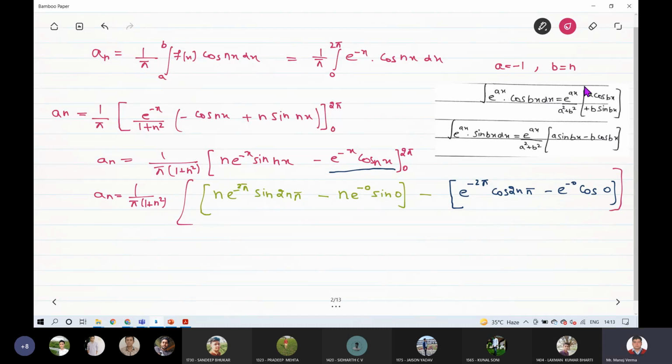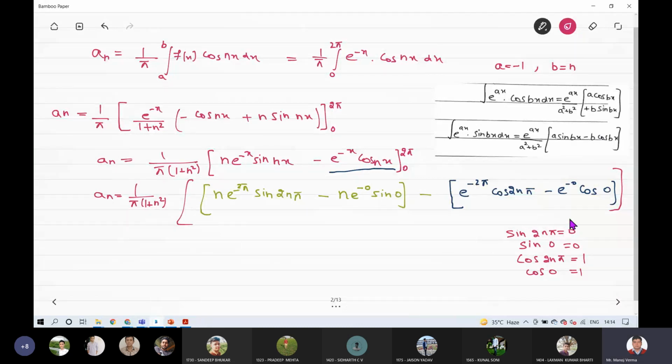As you can see from here, I will be using these trigonometric identities here. Sin 2n pi will be 0. Similarly, sin 0 is 0. Cos 2n pi is plus 1 and cos 0 is also 1.